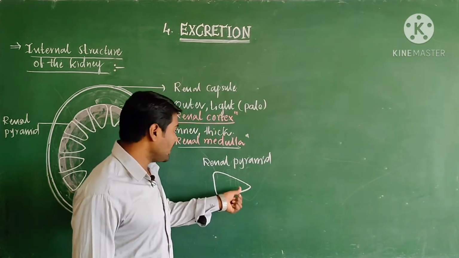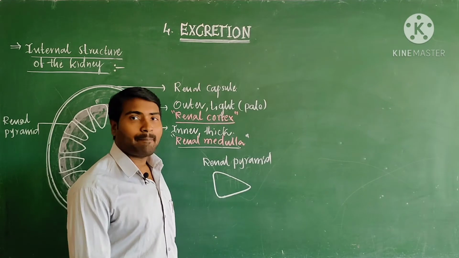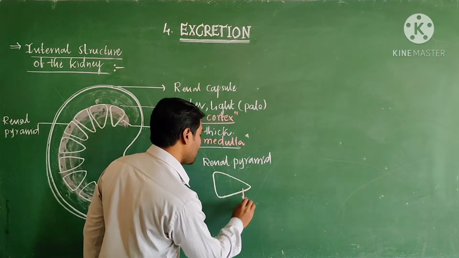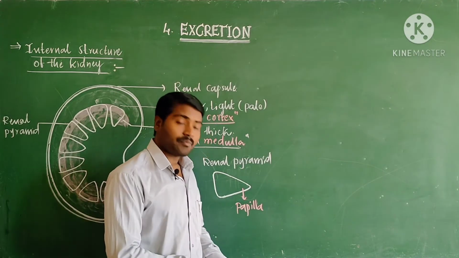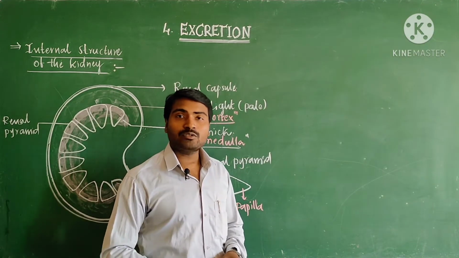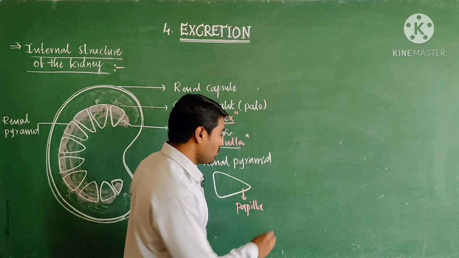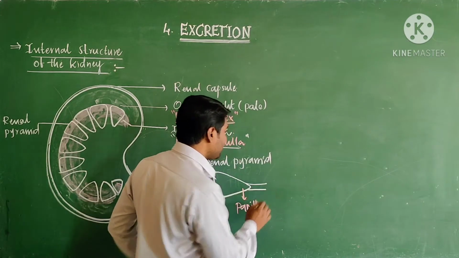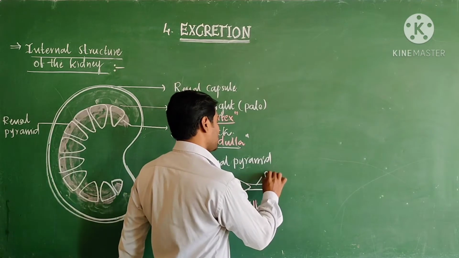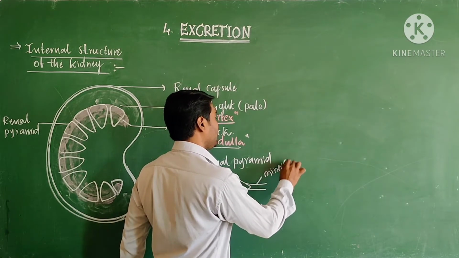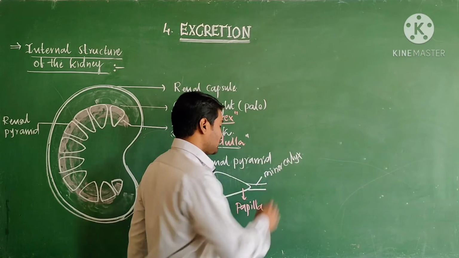The apex of the renal pyramid is known as the papilla. This is the region which is called the papilla, and this papilla gives rise to a small narrow tube. This narrow tube is called the minor calyx.